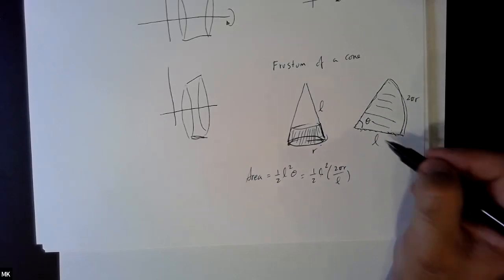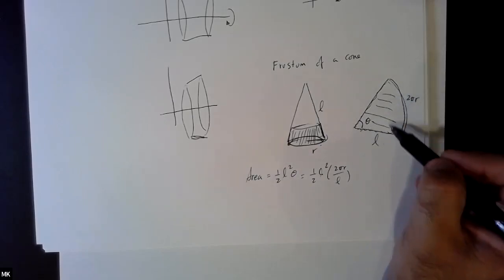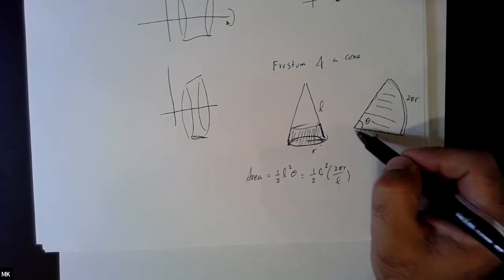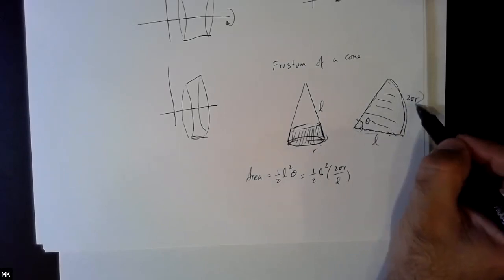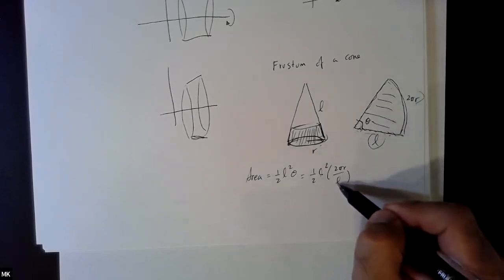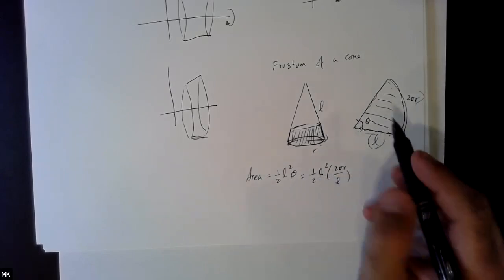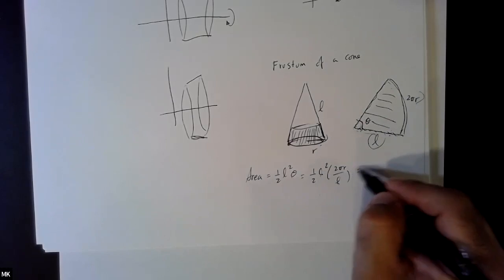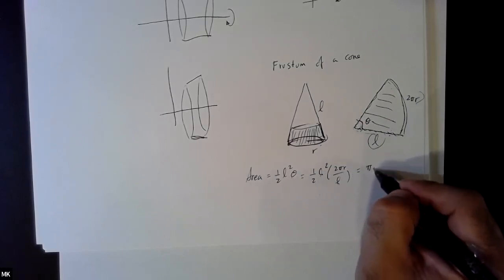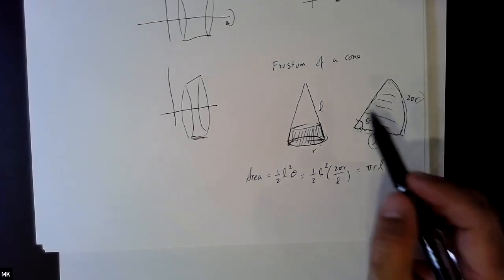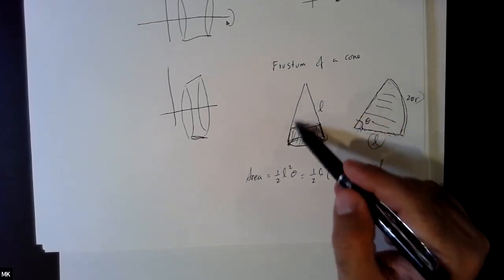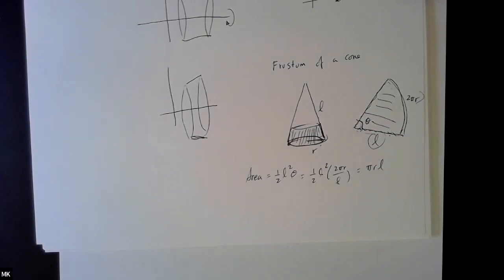If you remember from a previous lecture, arc length is radius times angle. So if I want the angle, I divide arc length by radius. That's what theta is. One of the L's cancels out and the twos cancel out. We get pi r L as your formula, for calculating the surface area of the full cone.